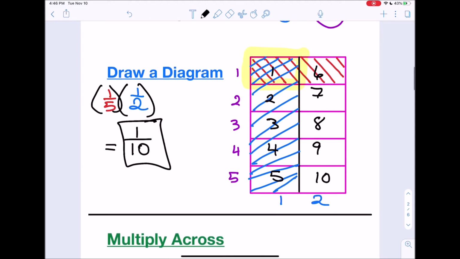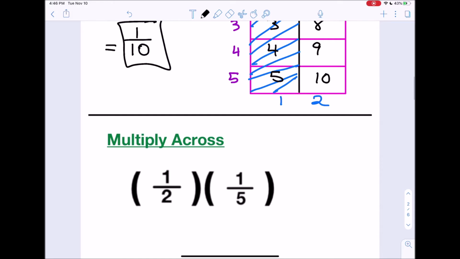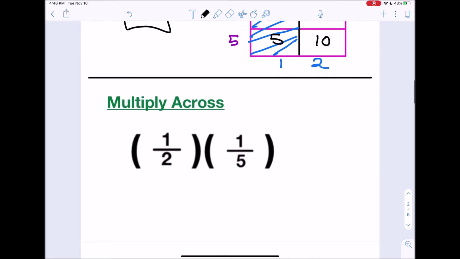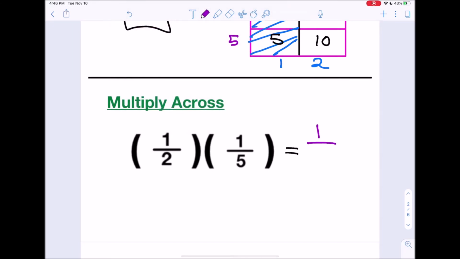Now we could have done the same problem by using the traditional multiply across. You'll notice that 1 times 1 equals 1, and 2 times 5 equals 10.